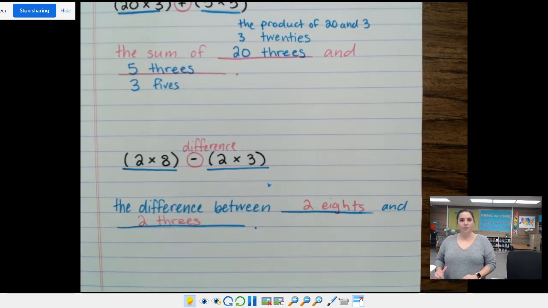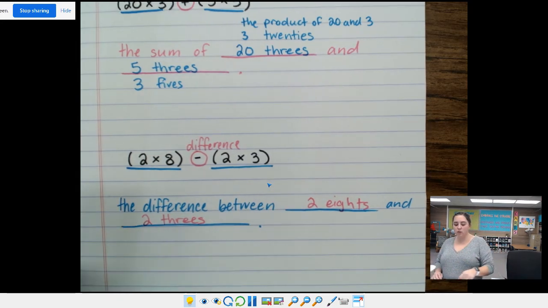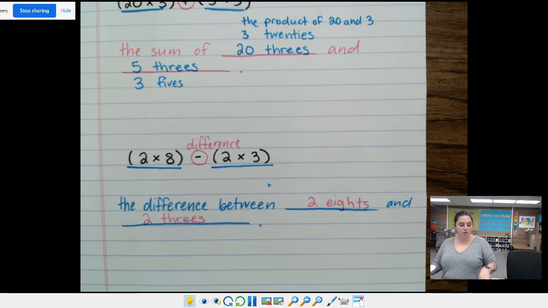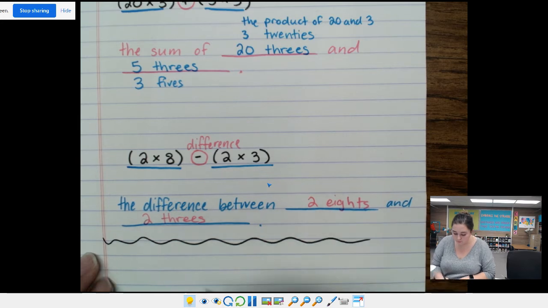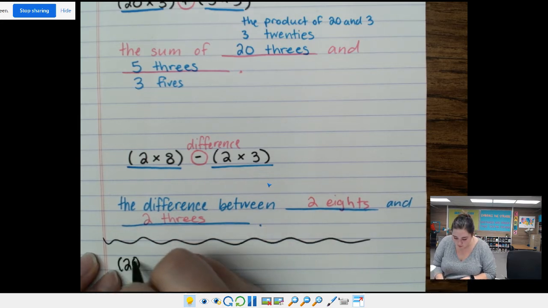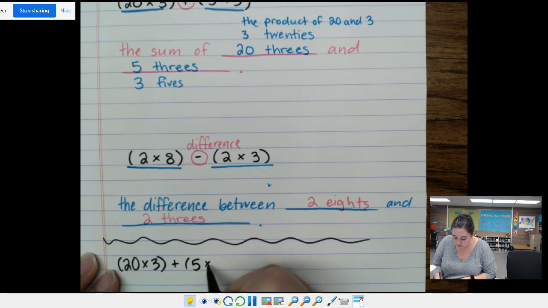There we go. You only have one question to practice today, but I'm actually going to have you solve it also. So let's use these two problems as our examples for how to solve. I'm going to rewrite. Here's our first problem: 20 times 3 plus 5 times 3.